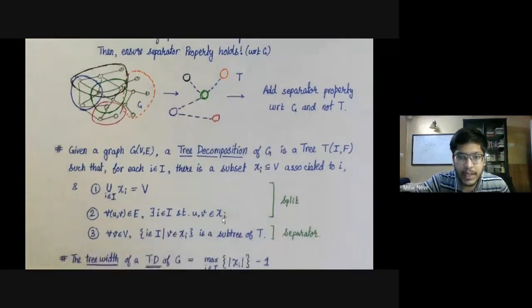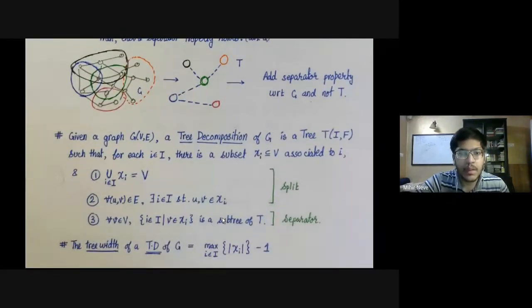We'll define a tree decomposition as follows. Given a graph G(V, E), a tree decomposition is a tree T with the vertices I and edges F. So I is said to be the indexing set of this tree. Okay.